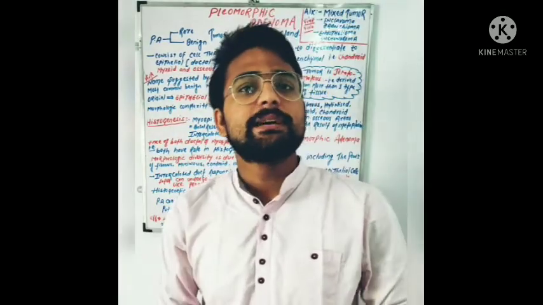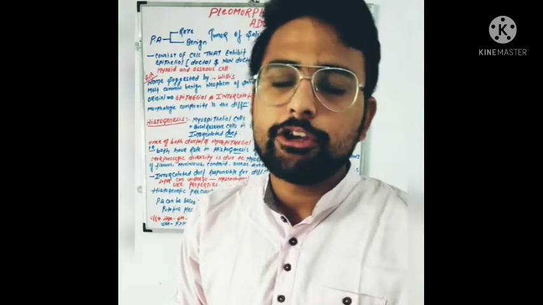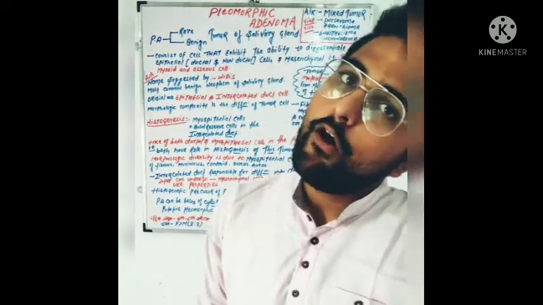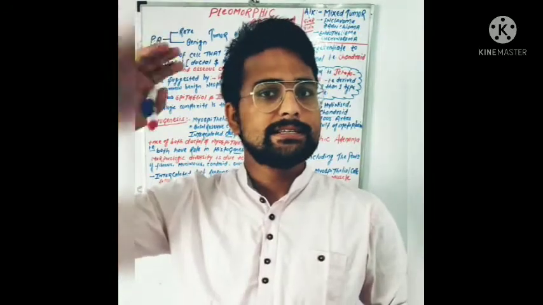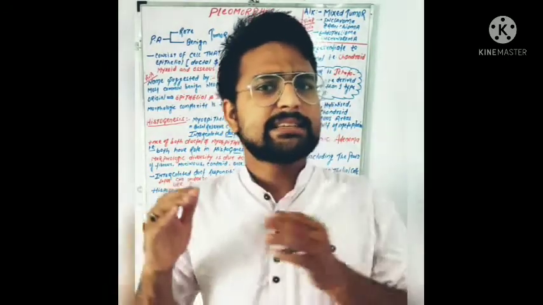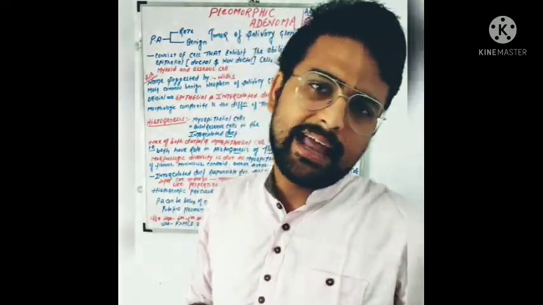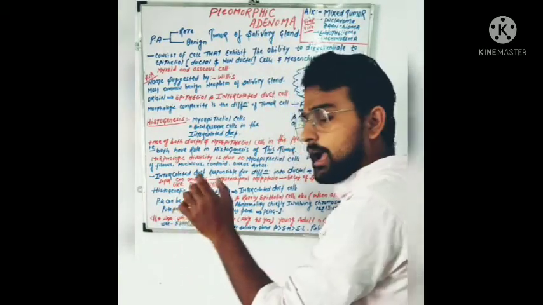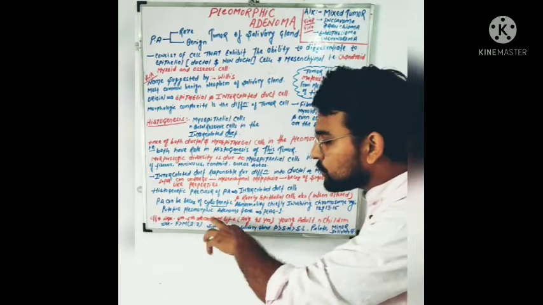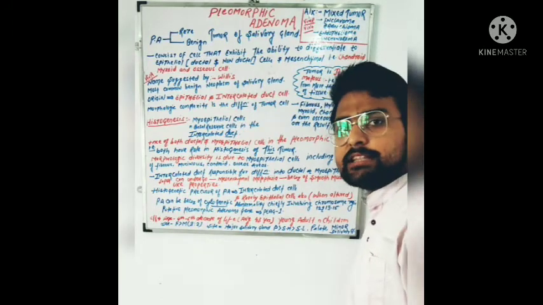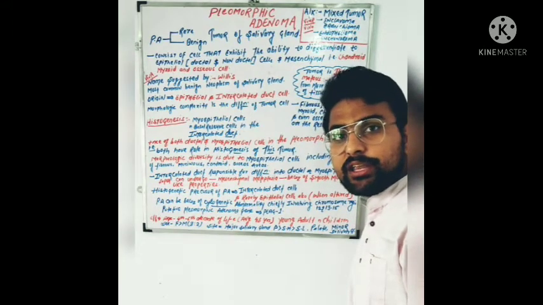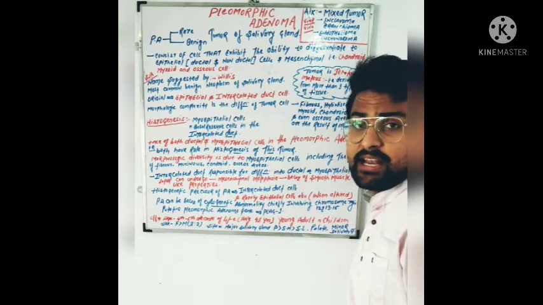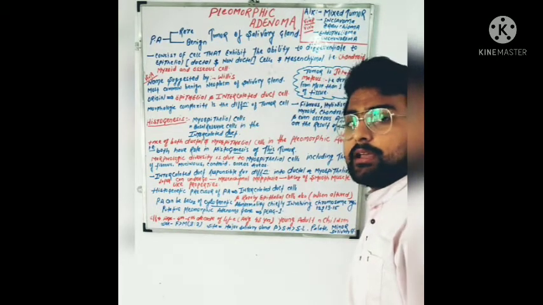Now let us discuss the clinical features of this tumor. As we always discuss, age, sex and size, then some features and appearance. The age of occurrence of this tumor is the 4th to 6th decade of life.